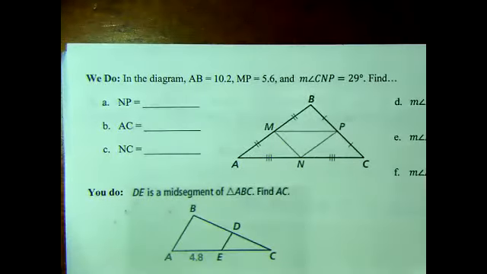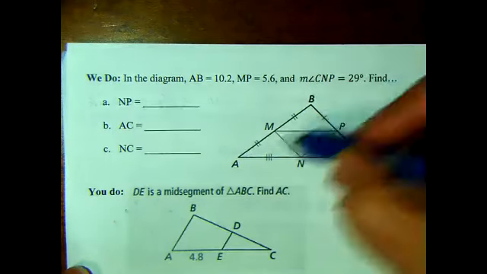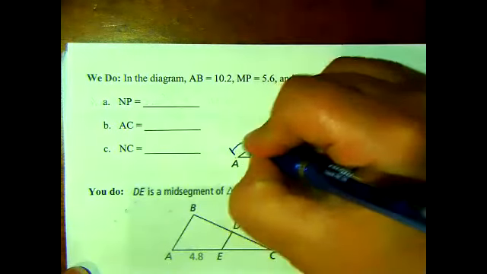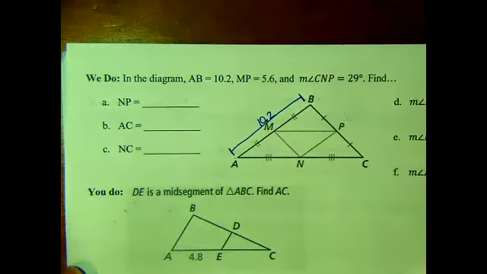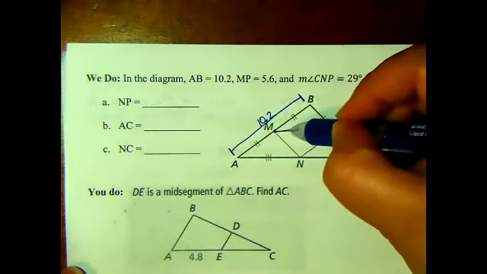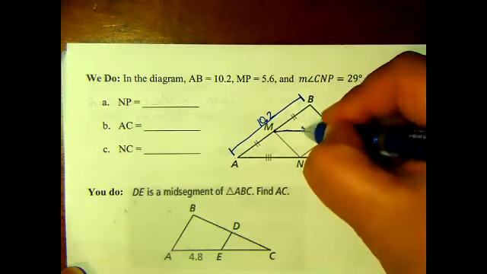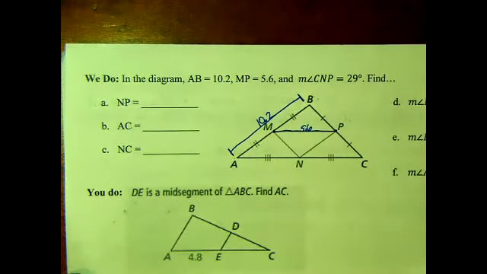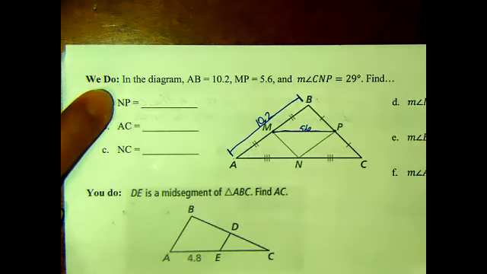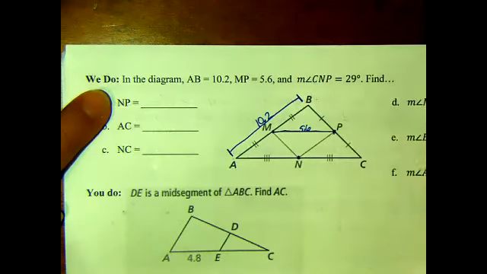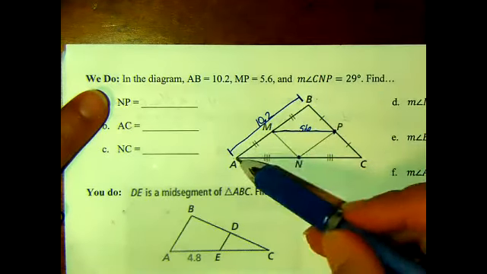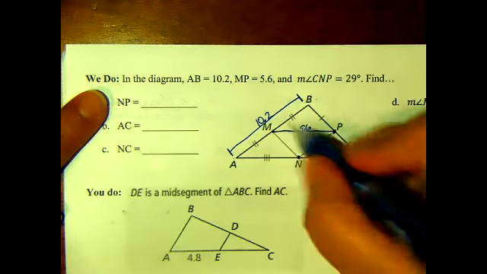Let's take a look. AB is 10.2. Here's AB, A to B is 10.2. MP, M to P is 5.6. They want to know what is NP. Well, NP is this guy right here, from here to here. NP is the midsegment of AB. It's the third side.